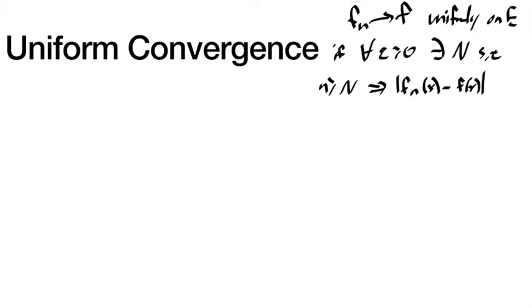if for all epsilon greater than 0, there exists a capital N such that n greater than capital N implies that the absolute value of fn of x minus f of x is less than epsilon for all x in my set.